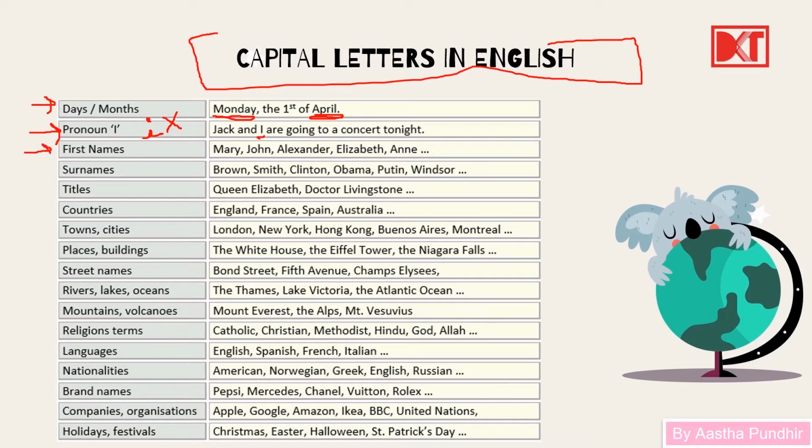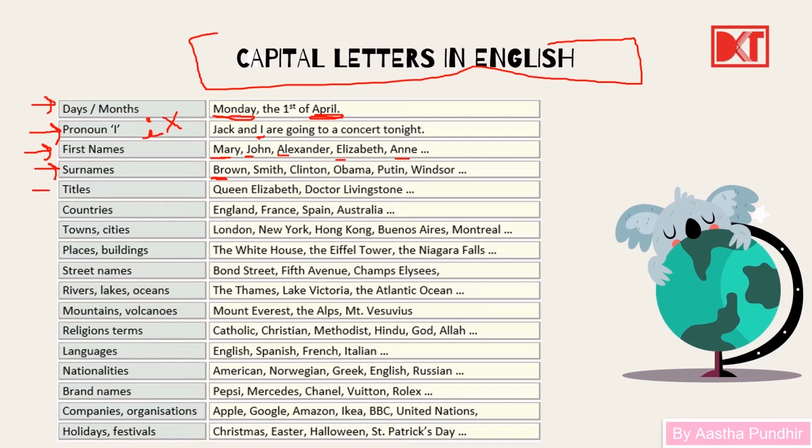Then when we refer to first names, Mary, John, Alexander, Elizabeth, and any first name, the first letter is capital. And similarly, when we tell surnames, Brown, Smith, Clinton, Obama, any surname, your first letter is capital.